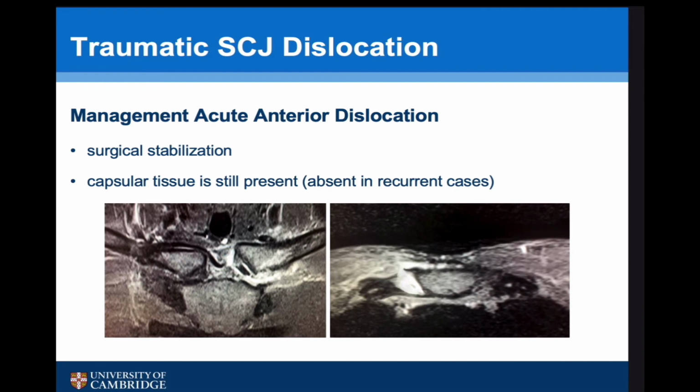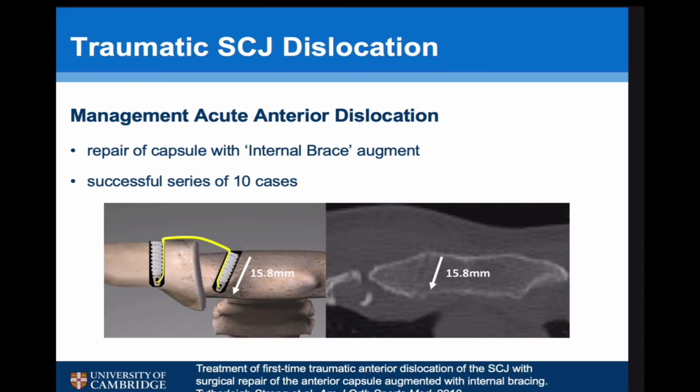However, with an SCJ dislocation, if you have recurrent instability, you always have to do a reconstruction with hamstring tendons, which is a much bigger operation. So we've recently described a technique for the management of acute anterior dislocations where we've repaired the capsule and augmented that with an internal brace device, and we had a successful series of 10 cases.